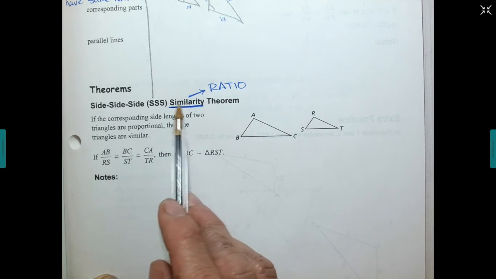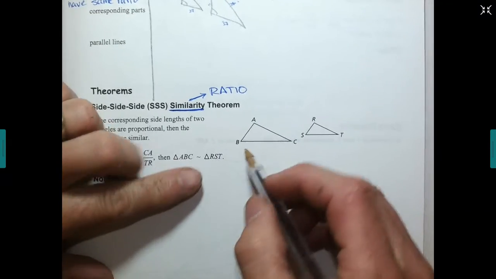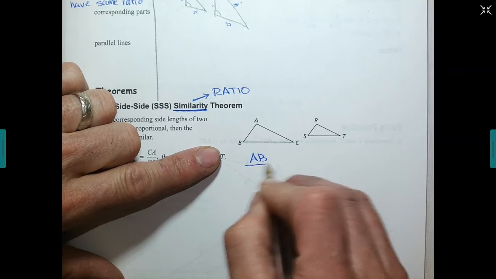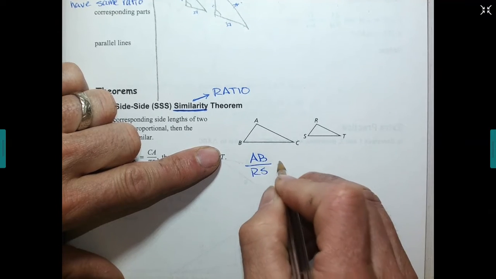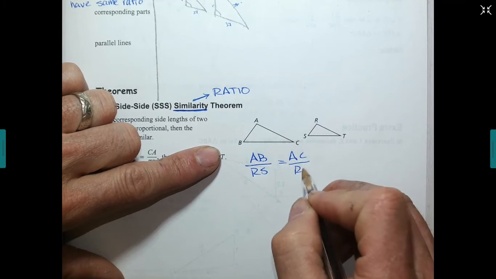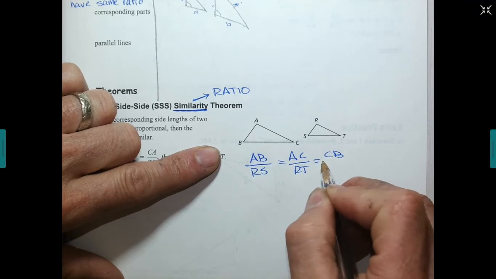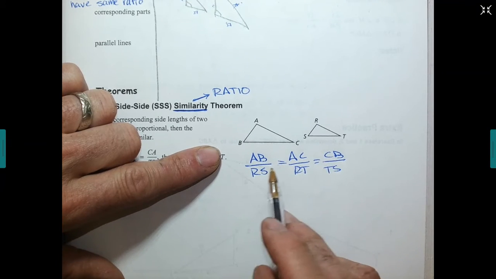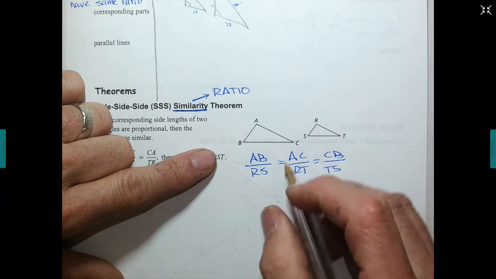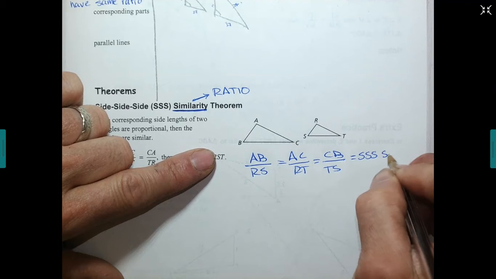So what this side ratio similarity tells us, I know it's written right here, but we are going to write it again, is that if the ratio of AB to RS equals the ratio AC to RT and CB to TS, if those ratios are all the same, then what we have is side similarity.